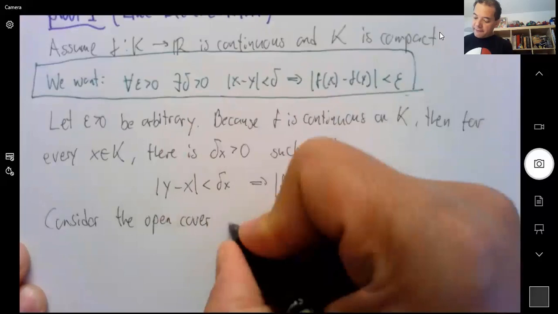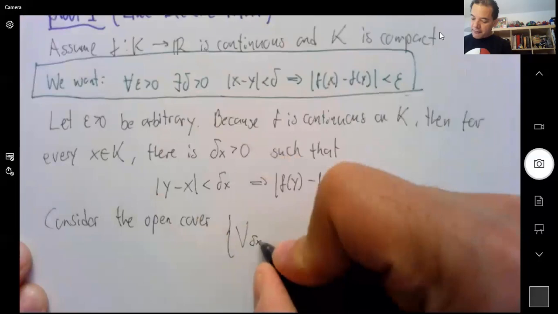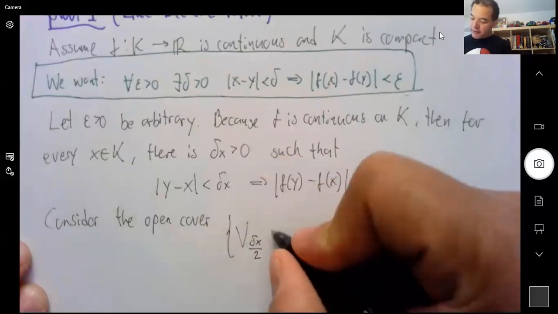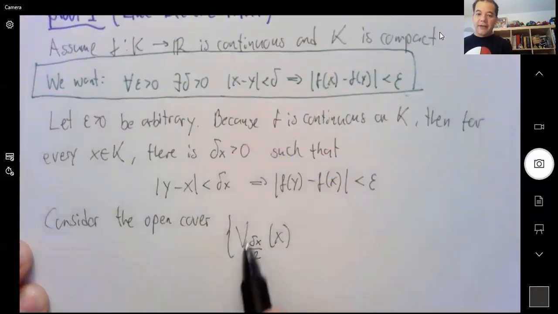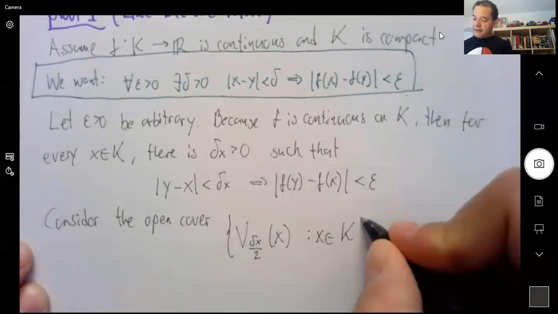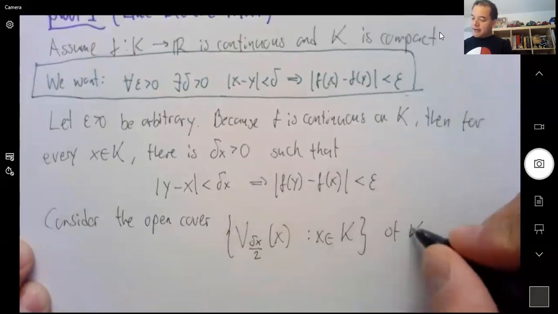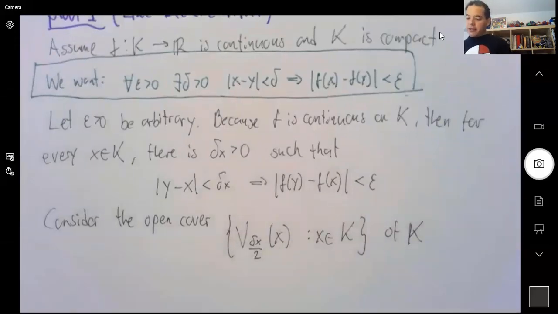So consider the open cover V. And just to give myself a little bit of reading room, I'm going to make these neighborhoods a little smaller. So I'm halving the delta, I'm making it delta over 2. So the radius of the neighborhood is delta x over 2, and we're doing that for every point in K, right? This is certainly an open cover of K, because for every element in K we have one of these open sets.